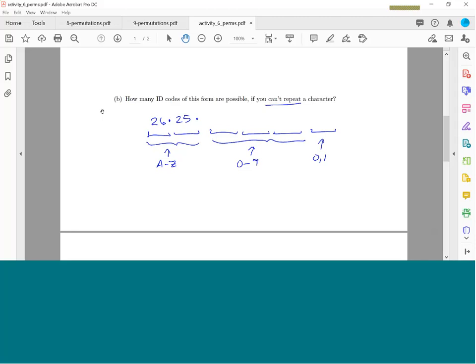So for example, suppose you start building one of these ID codes, and you say AB because you're lazy. And then the next digits are 1, 0, 1, 2, and then what do you put for the last digit?